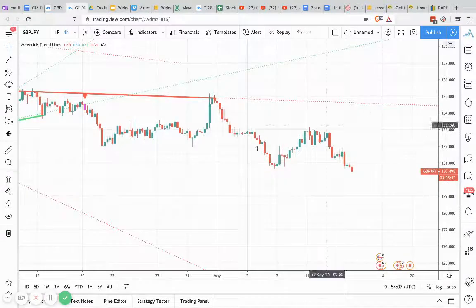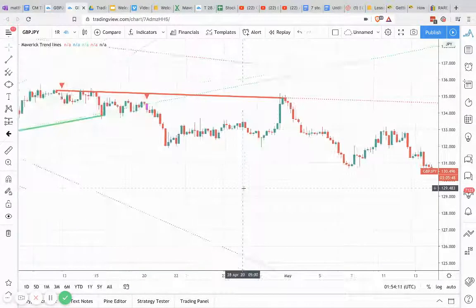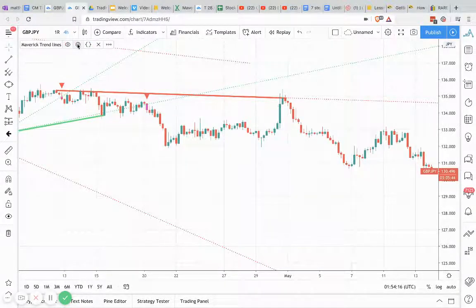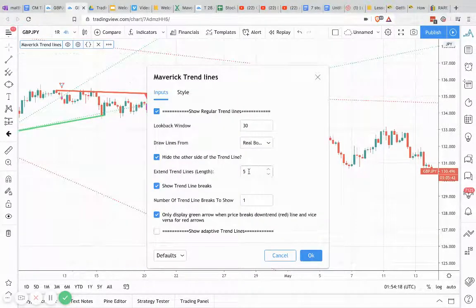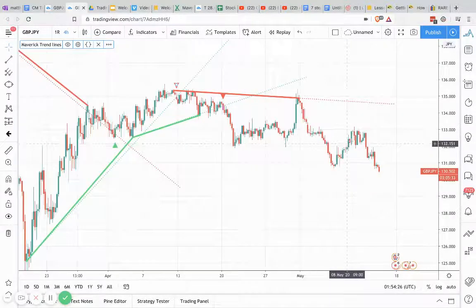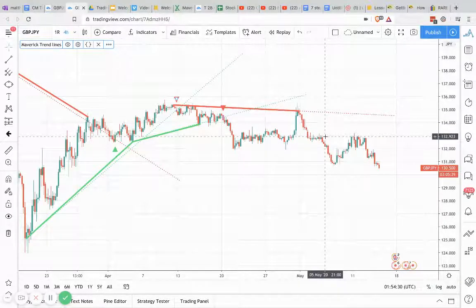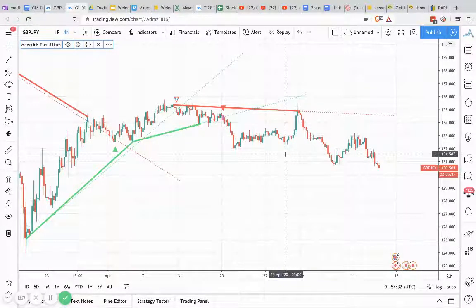So I'm going to zoom in here. This is the dotted line, this is the solid line, and the dotted line is just an extension of the solid line. And we can actually adjust how long we want that. By default, it's 5. I actually like to put it to a lower number sometimes, and then it'll shrink the length of that extension, which I think makes for a cleaner, easier to read chart.